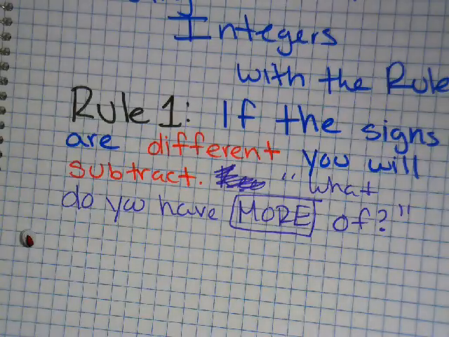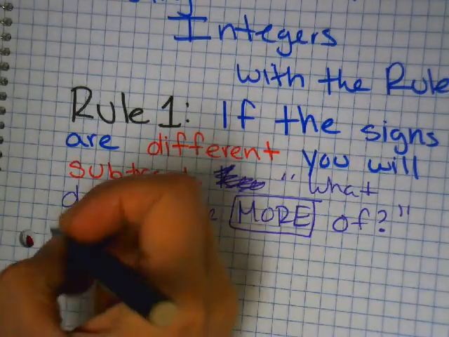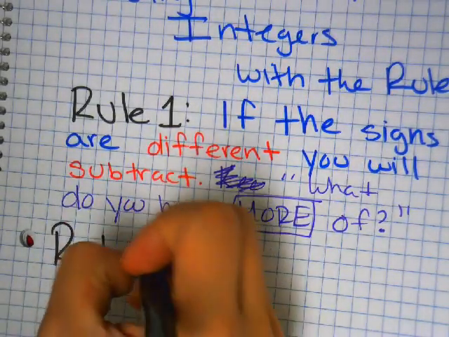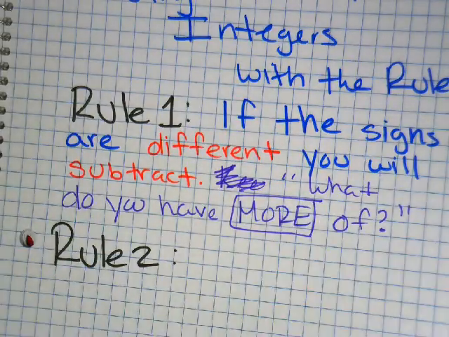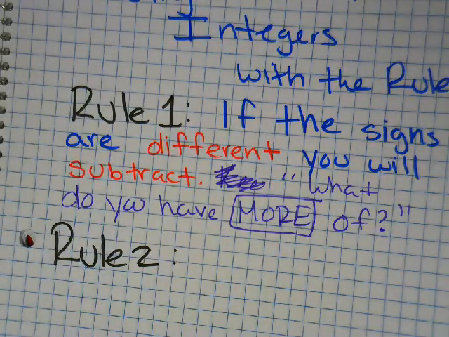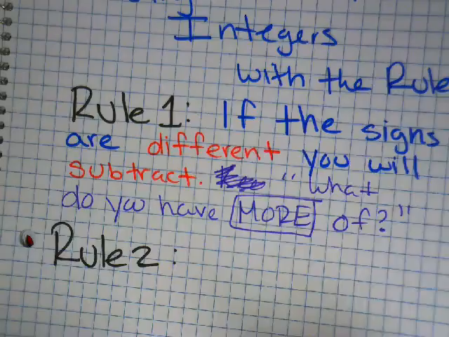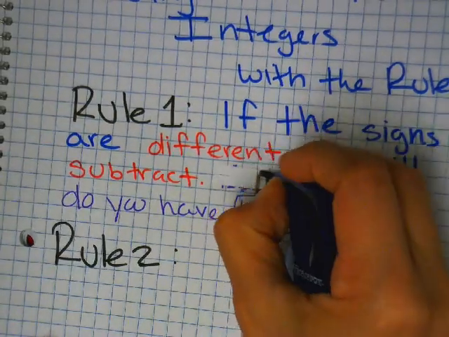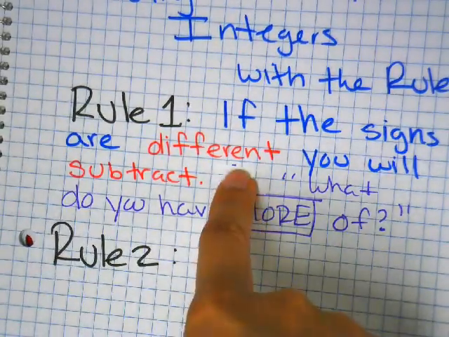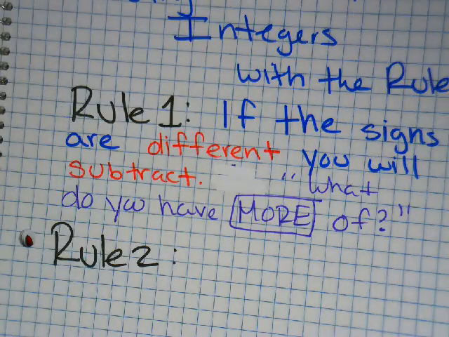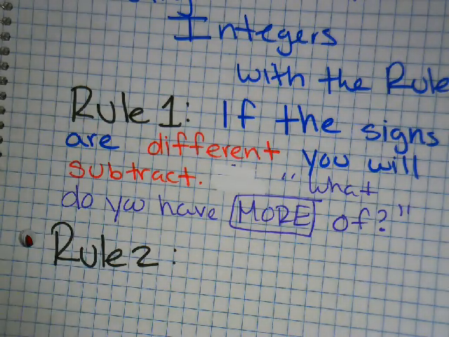All right, what's rule number 2? Rule number 1 was about different signs. What do you think rule number 2 is? On this one, we're talking about same. So what do I do if the signs are the same? You add.